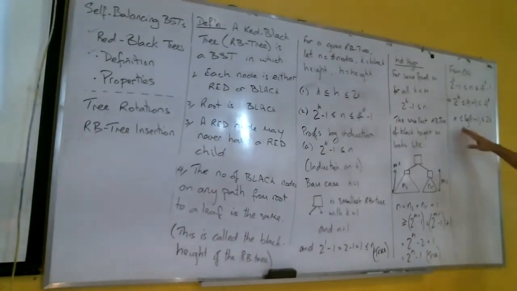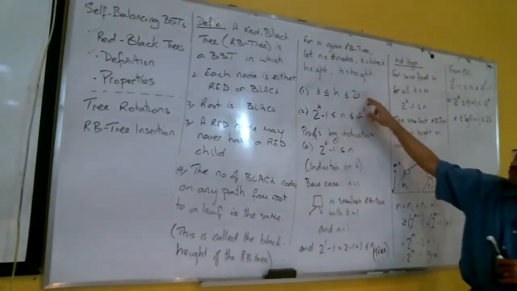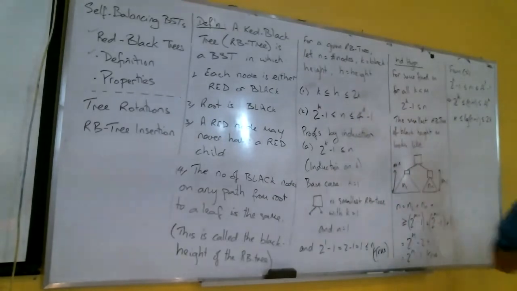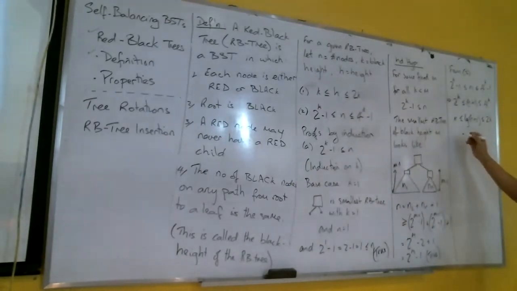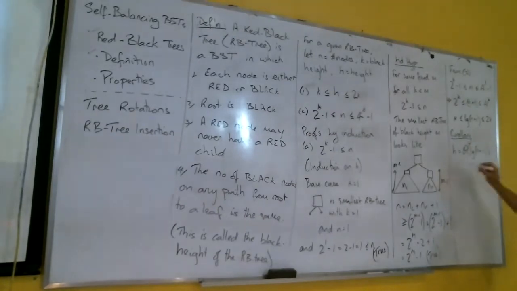But as a consequence of this derivation, and the combination with property 1, we're going to be able to conclude that the height is theta of log of n plus 1, which is a corollary.